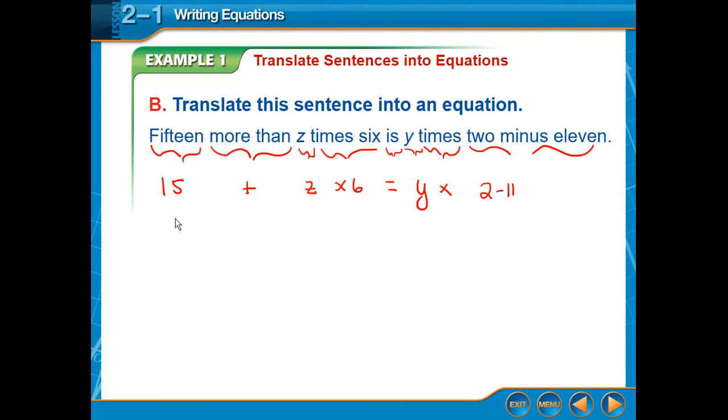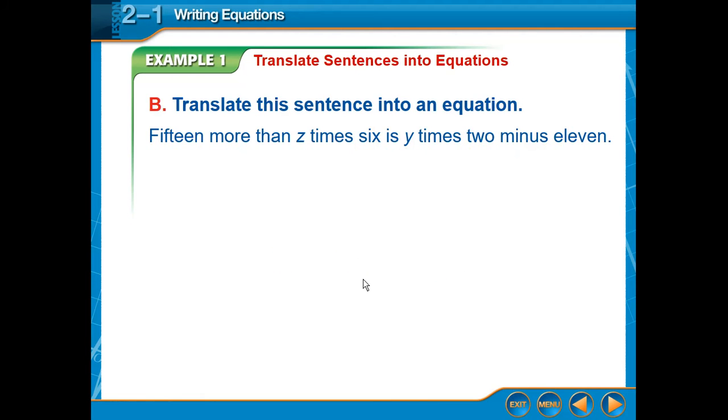Okay. So then just using our order of operations to clean this up a little bit, we can just say this is 15 plus 6z equals 2y minus 11. Good.